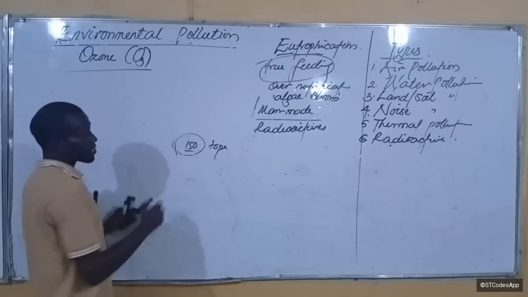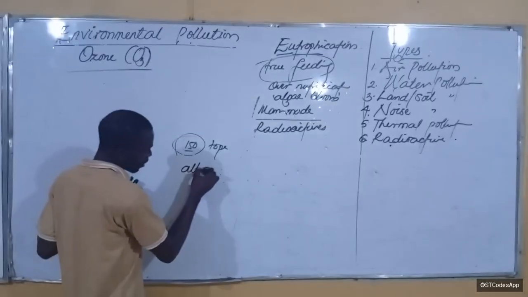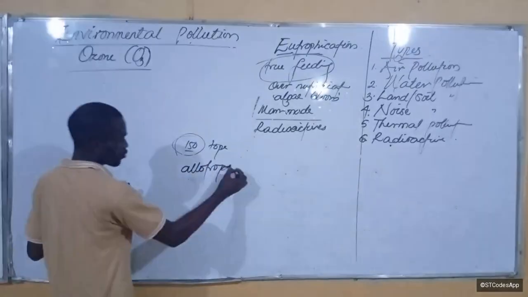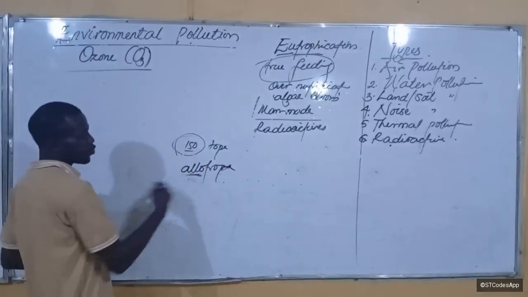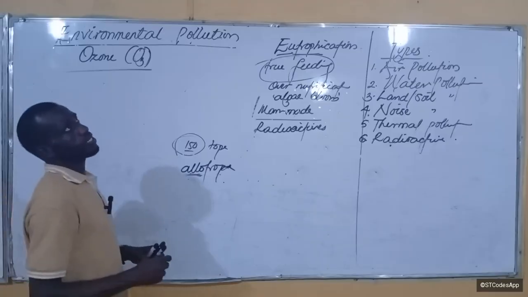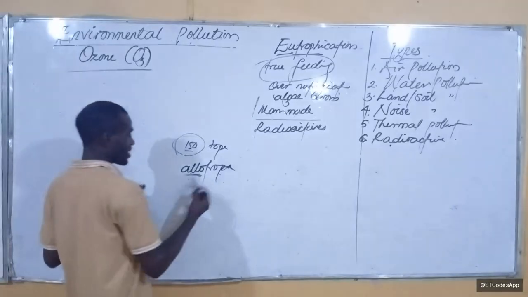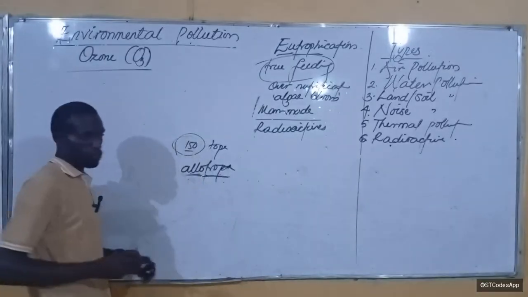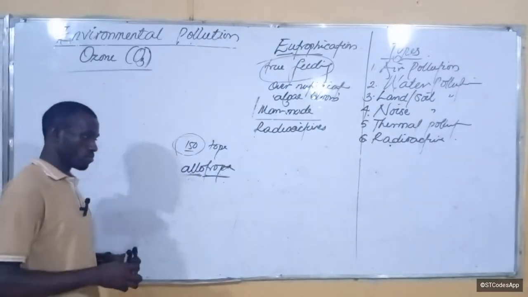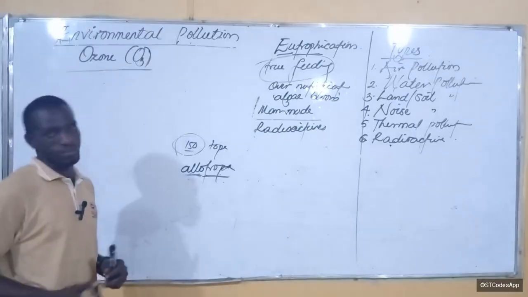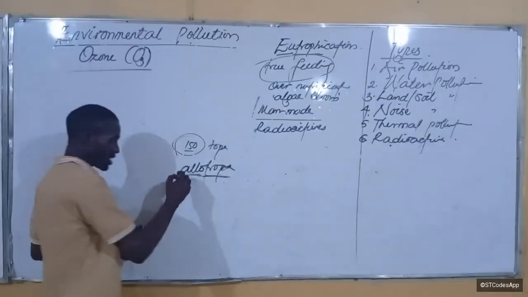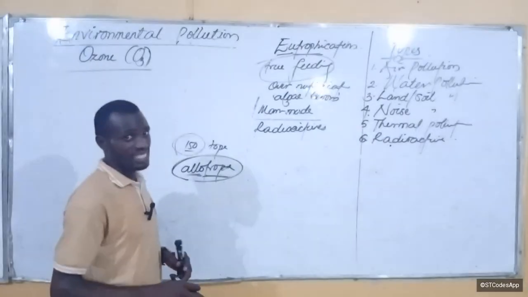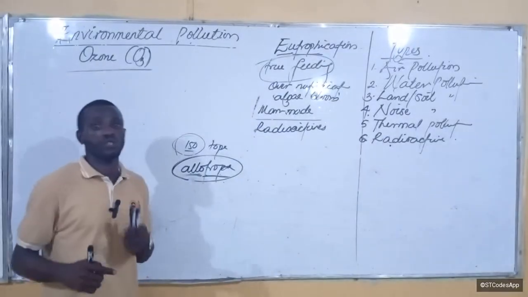But allotropes, I want to demystify between isotope and allotrope. Allotropes, the word allo means, I think, different, or something like that, while trope would also mean unit, something like that. But basically, allotropes are substances that exist in different forms in the same physical state.